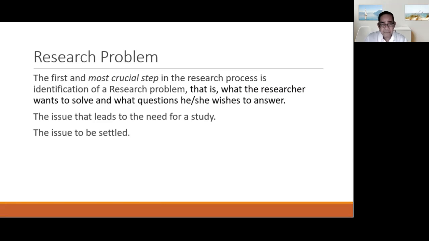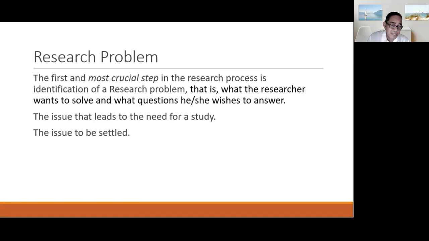You see, many people say that research begins with the research question. And that is why even when I was still studying my master's, our professors would always ask us, what is your research question? And so it seems that researches begin with a research question.